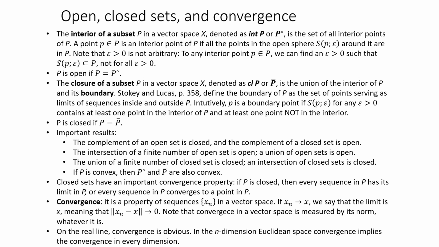Stokey and Lucas also use the boundary of sets. On page 358, they define the boundary of a set as the set of points serving as the limits of sequences inside and outside P. Intuitively, a point is a boundary point if the open sphere around this point, for any epsilon, contains at least one point in the interior and at least one point not in the interior of the set.